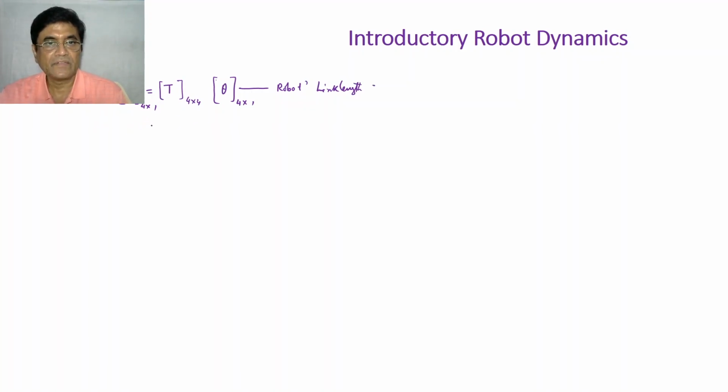Then also we have one relation we have deduced, in terms of the Jacobian matrix. So differentiating this, you have got the velocity relation also. Okay, you remember, this is a function of theta.